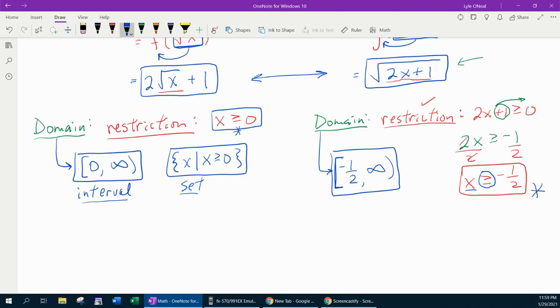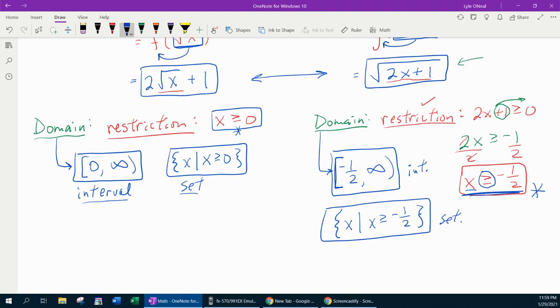Once you have your restriction here, the set notation is just going to be the set of all x such that, and then you write the restriction. Got it? Interval notation, set notation, be prepared to give either answer. And I believe that covers pretty much everything you need to see for composition of functions.